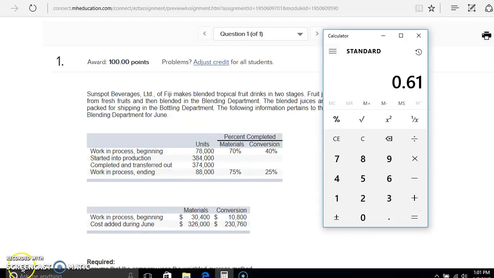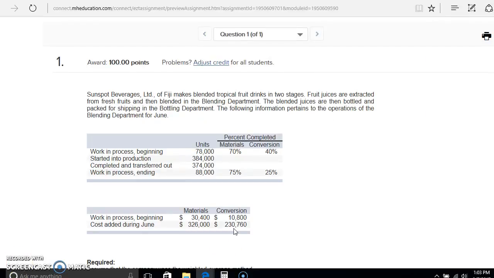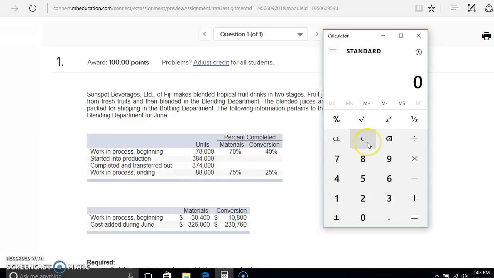The third step in this is applying the cost that we just had to what is left in our work in process and what was transferred out. So let's talk about first what was transferred out. Well, we know that 374,000 units was transferred out. Now, our cost per unit for materials was 81 cents. So we've got 374 times 0.81 for materials.